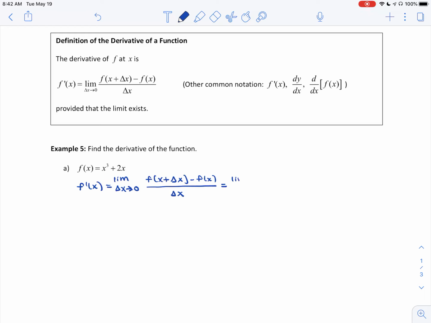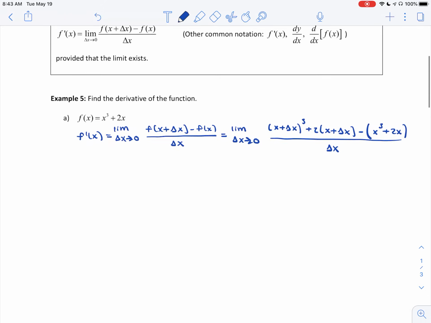So the limit as delta x approaches 0 of plugging the x plus delta x in: x plus delta x quantity cubed plus 2 times x plus delta x, and then minus our f of x function. So minus, and I'm just going to throw it in parentheses for now, x cubed plus 2x. And that's all over delta x.